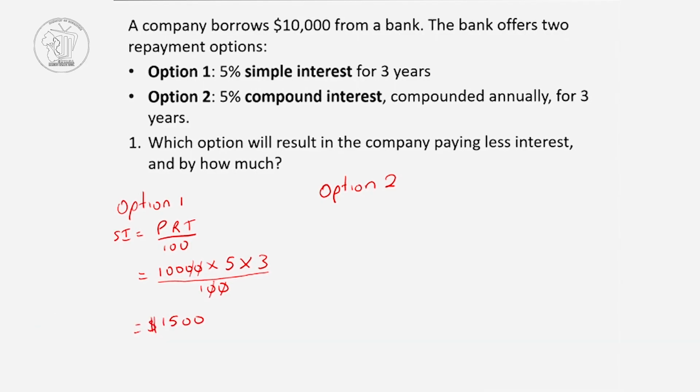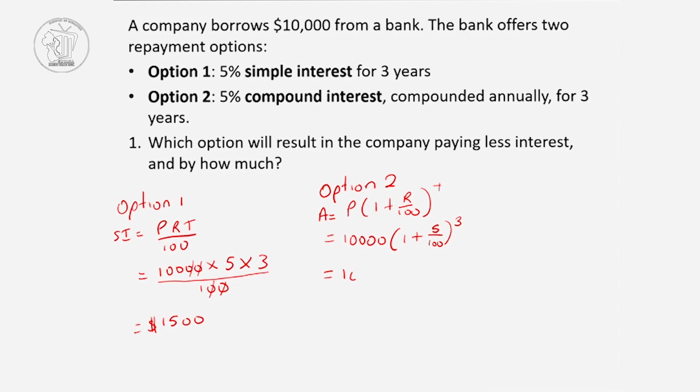we see amount will be equal to the principal multiplied by 1 plus r over 100 all raised to t. So the principal would be 10,000 again, multiplied by 1 plus the rate, which is 5%, over 100, all raised to t years, which would be 3 years.